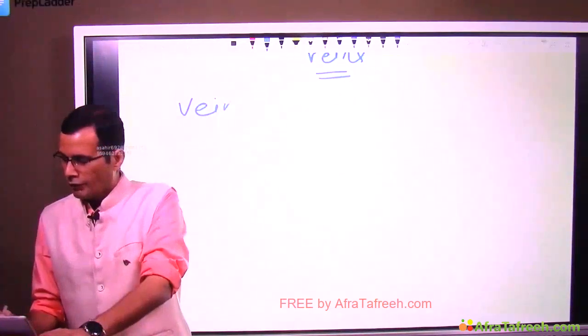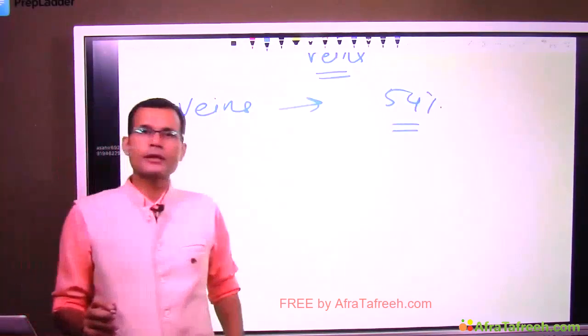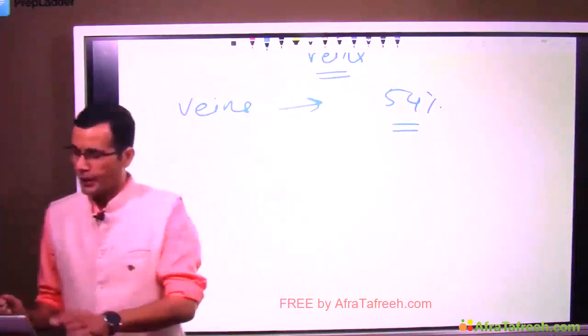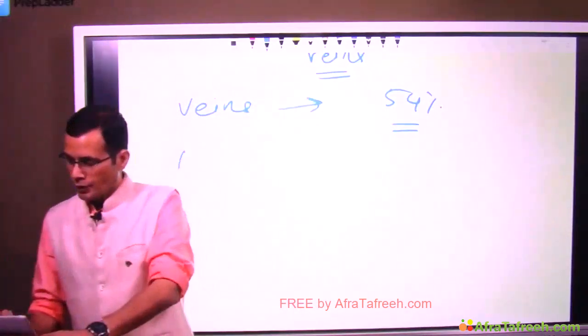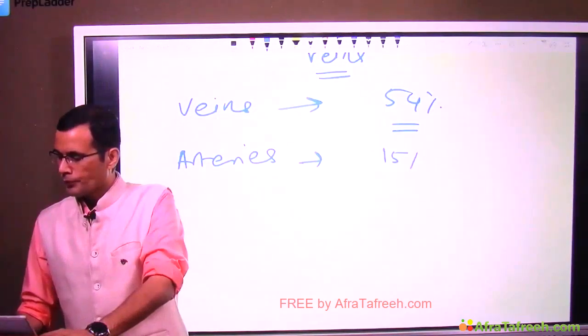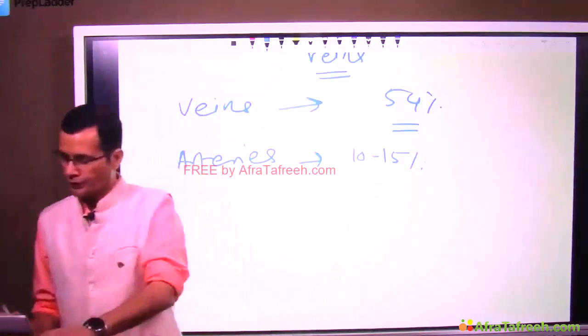Let's see. Veins accommodate 54% of the total blood volume at any given point of time. Arteries and arterioles, 10 to 15% at any given point of time.